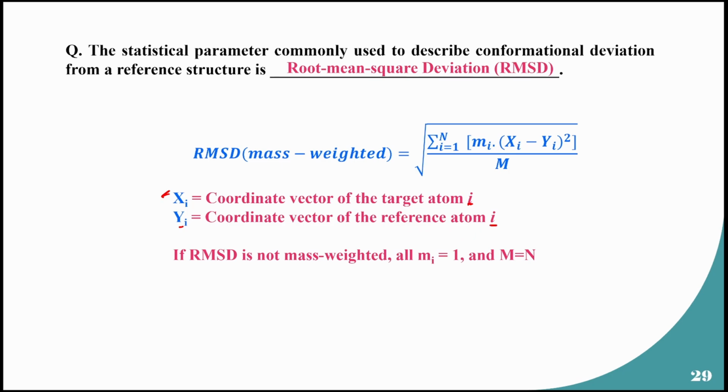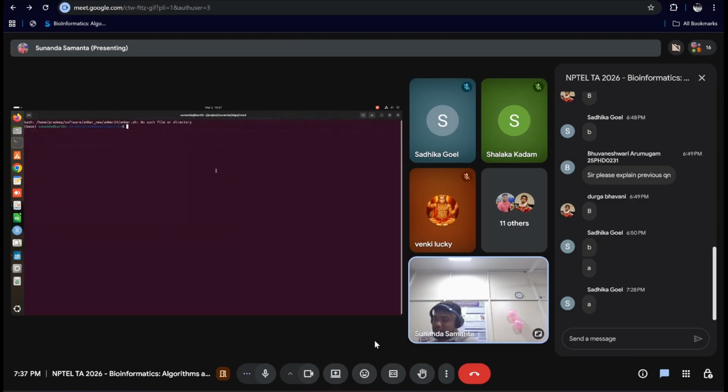The target atom means that, let's say in a trajectory, the particular nitrogen of alanine has a new coordinate after your simulation. But in the initial structure where you started your simulation from, it had a different coordinate. So that is the reference coordinate, and the target atom is the new coordinate after simulation.